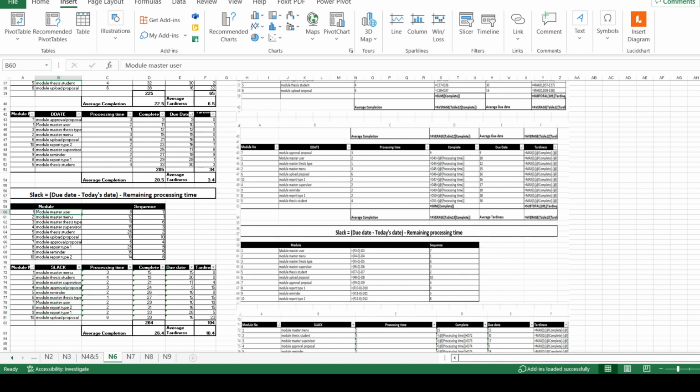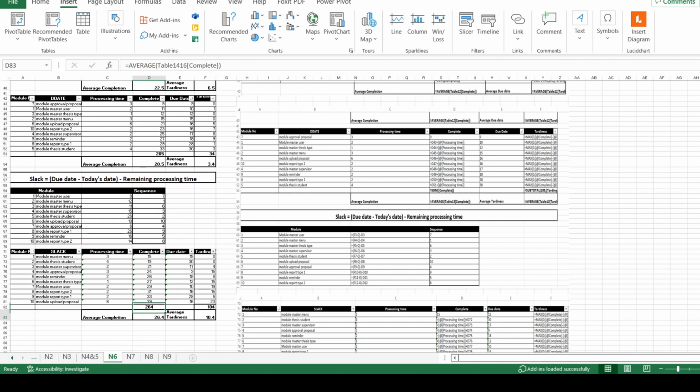Number one is not master user anymore; it's master menu because it's number one. Number two is test student, as you can see here. And number three is supervisor. So I switched up the sequence so that I can complete the table of the sequence model.